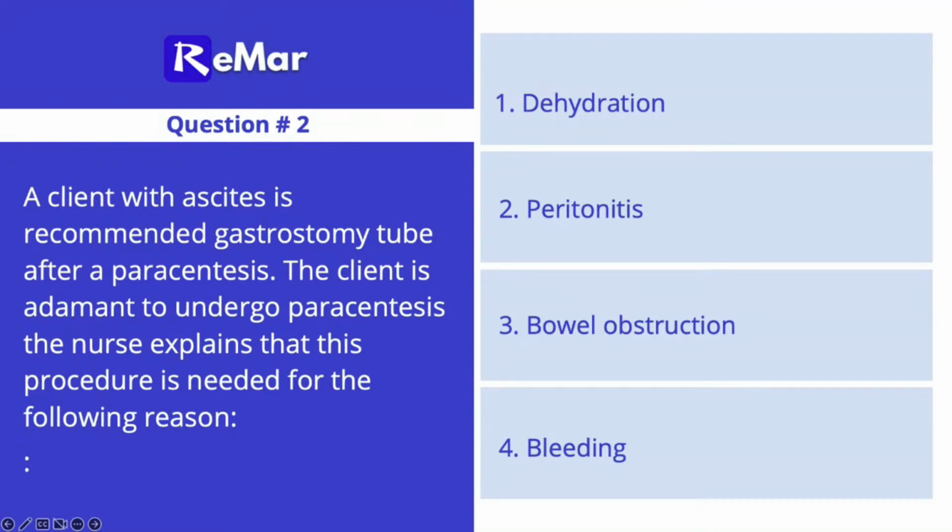Is it dehydration, peritonitis, bowel obstruction, or bleeding? This is good. I'm not even going to elaborate on this one because the challenge of this one is actually reading it.